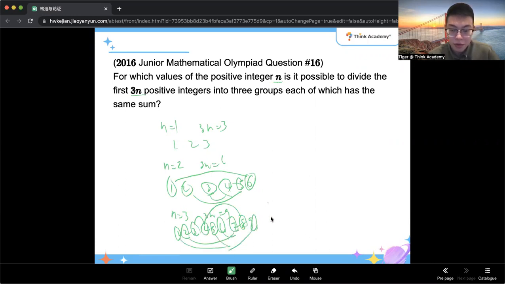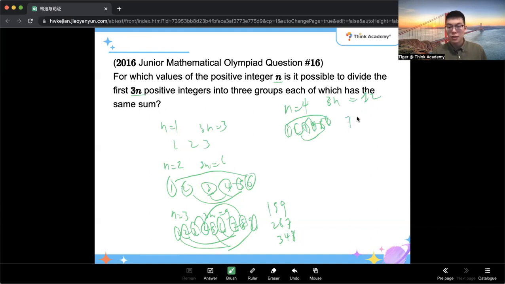All right. Or any other methods. When n is 4, 3n is 12. So 1, 2, 3, 4, 5, 6. Well, we already know how to group it into 3 groups. If I have 6 more numbers, 7 to 12, I can just group it like that, right?